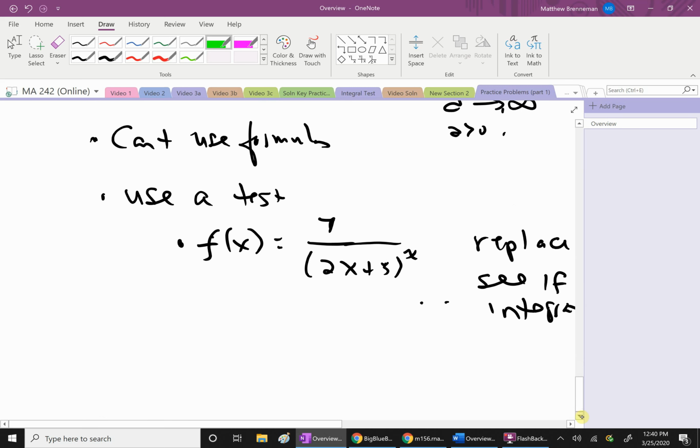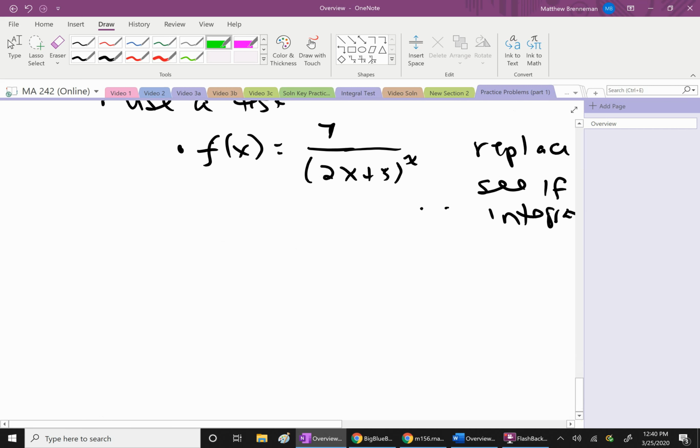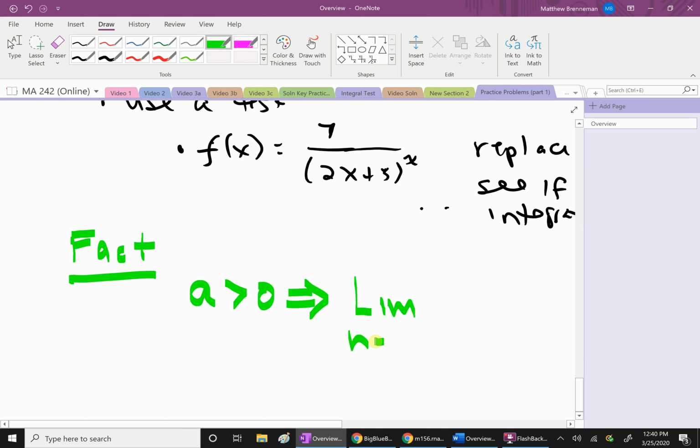Now, there's one little thing you have to know to use the root test, to really understand what you're doing. This is not so obvious. This is another little fact, I probably should put this with my other 3 facts. If you have a positive number a, the limit as n goes to infinity of the nth root of a is equal to 1.